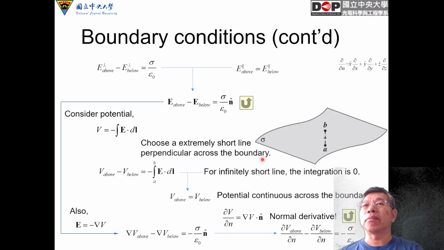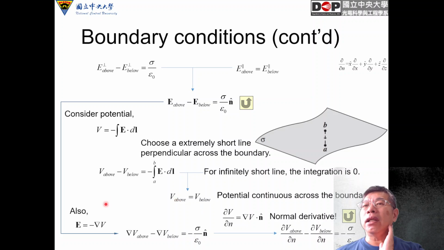By definition, the potential difference between top and bottom is just the integral across this boundary. For an infinitely short line, the integral is 0. So the potentials above and below are the same, and the potential is continuous across the boundary. The potential doesn't have to change.